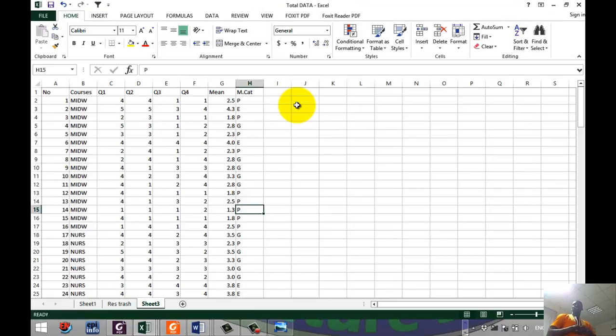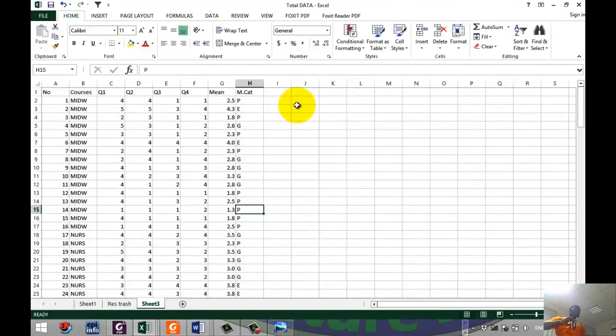The cumulative percentage is such that your interest is only in 4 and 5. What that means is that for each input, that is for question 1, your interest is among the number of people who answered the question, how many of them picked agree and strongly agree?